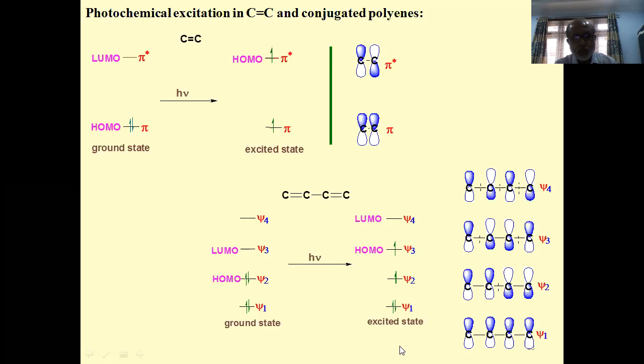In the excited state, Psi3 becomes the HOMO. And you see the picture now. In Psi2, the terminal lobes were antisymmetric, but in Psi3, the terminal lobes are symmetric. This is what is required.